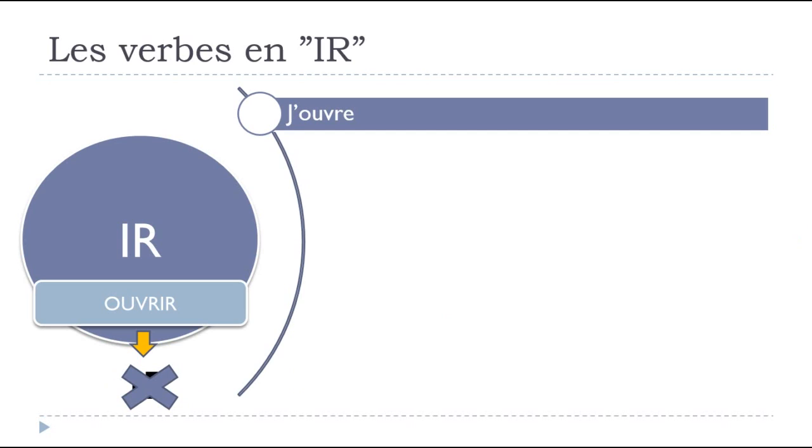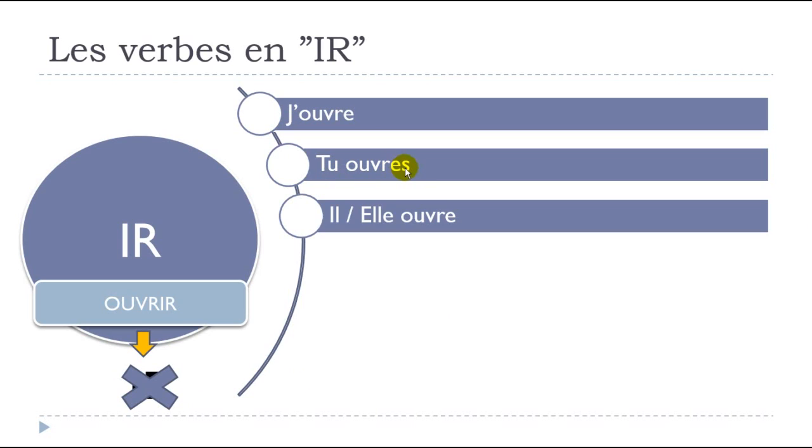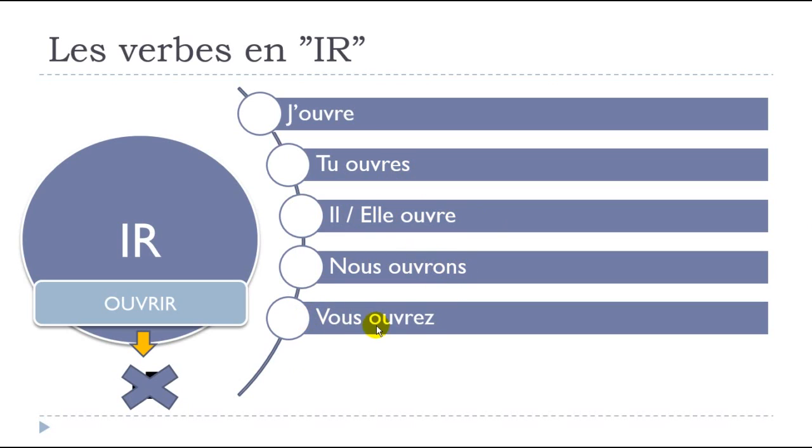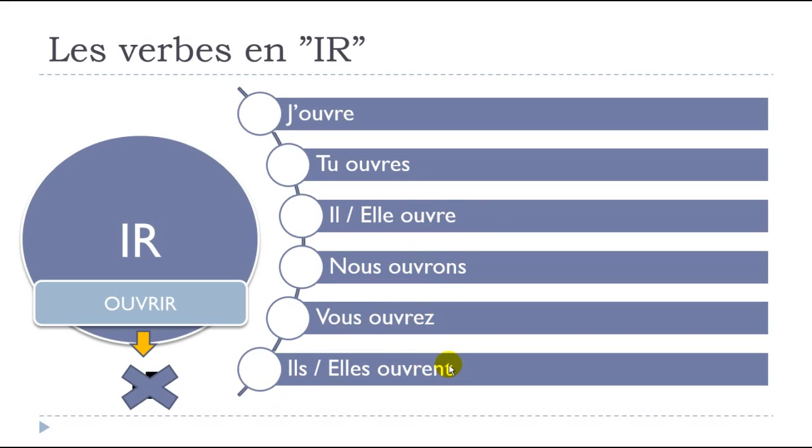And so after that you will get j'ouvre, tu ouvres, il ouvre, elle ouvre, nous ouvrons, vous ouvrez, ils ouvrent, elles ouvrent.